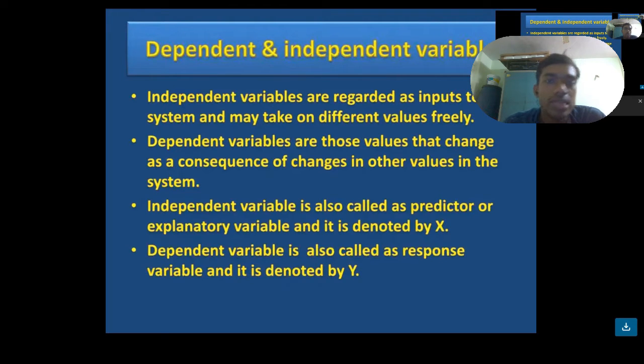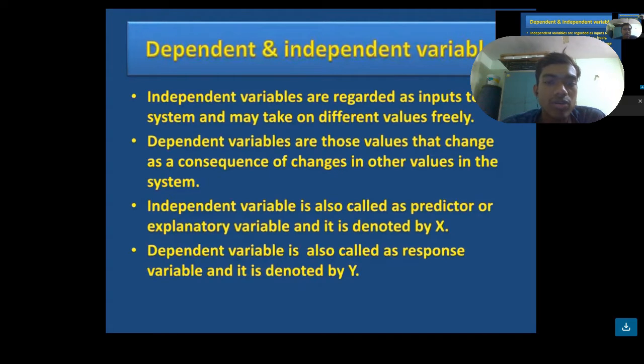So what are dependent and independent variables? Independent variables are regarded as input to a system and may take on different values freely. Dependent variables are those values that change as a consequence of changes in other values in the system.